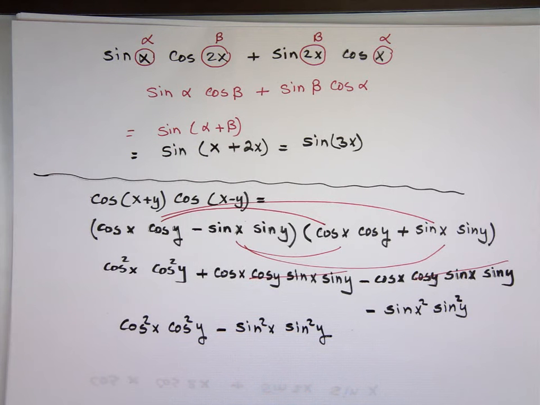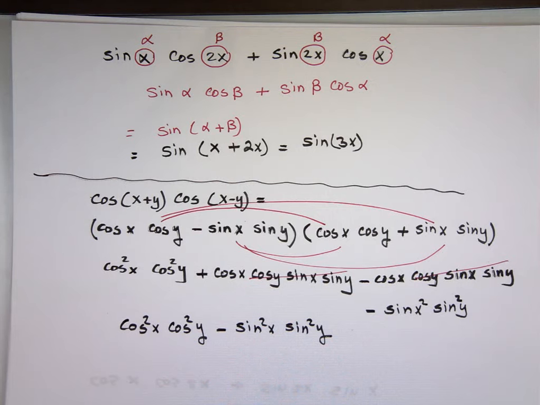We're not really done with it. That's a tough one, a tricky one. Cosine squared x, cosine squared y.